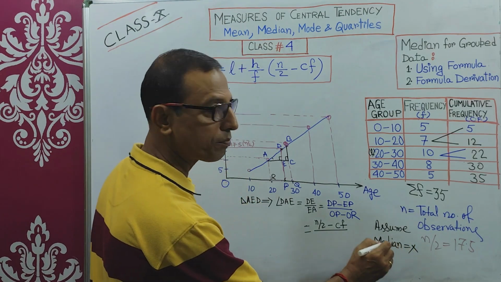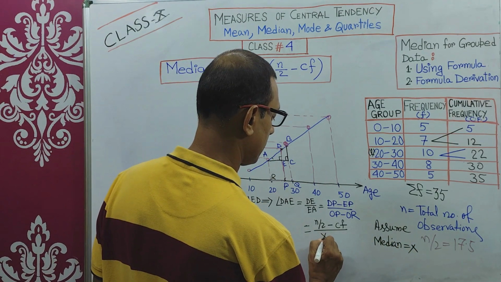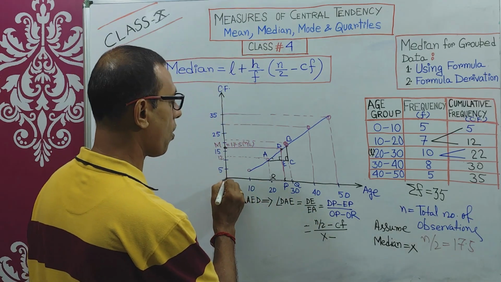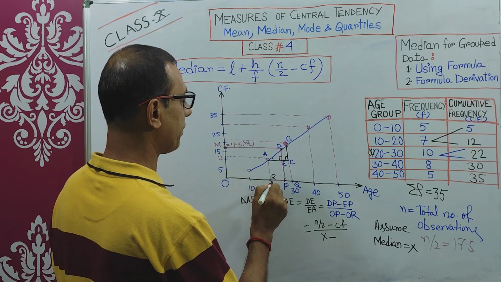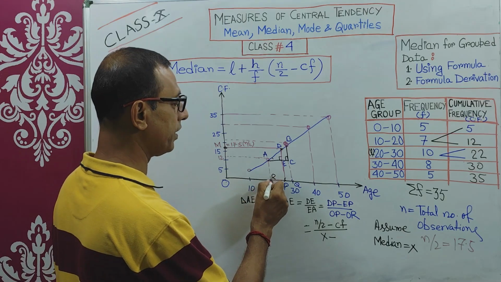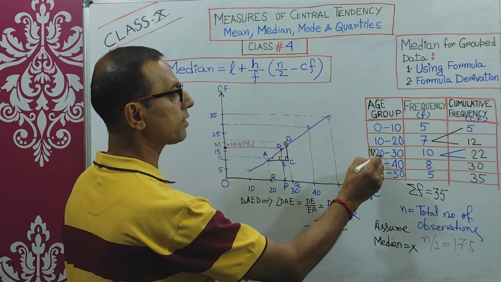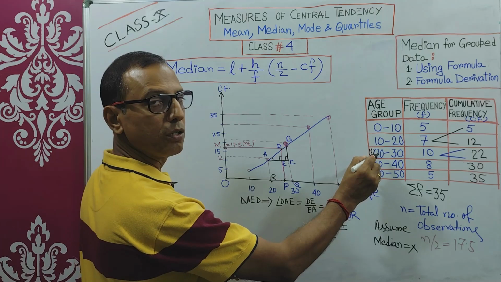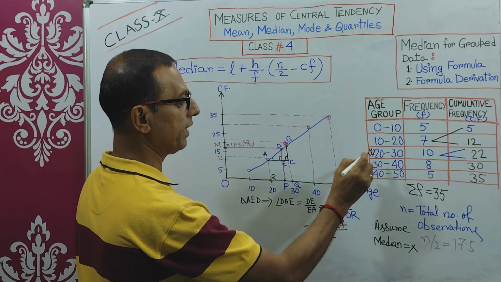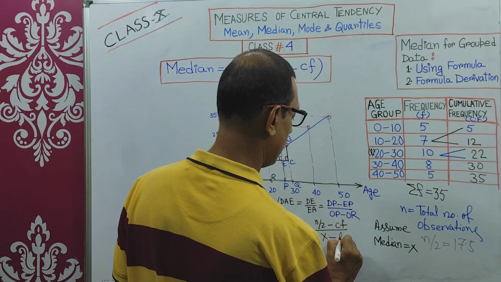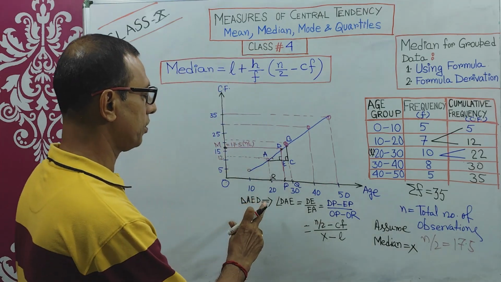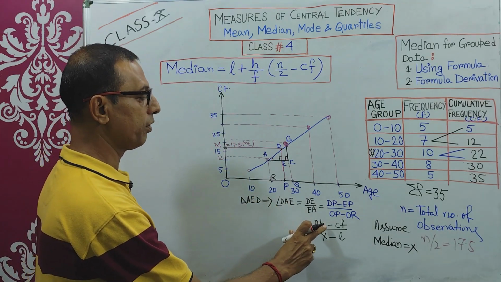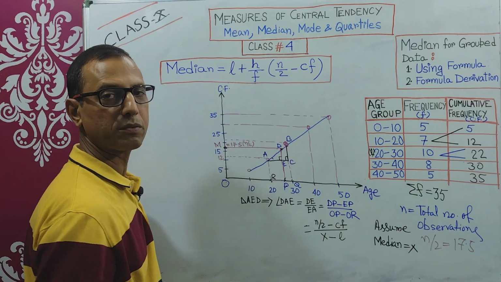So that we have assumed X, that is X minus OR. OR is nothing but 20, because this point is 20. So what is 20? 20 is nothing but the lower limit of the median class. So that is actually L. So now you can see angle DA equals n by 2 minus CF by X minus L.